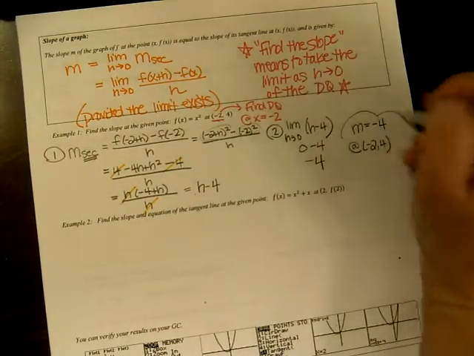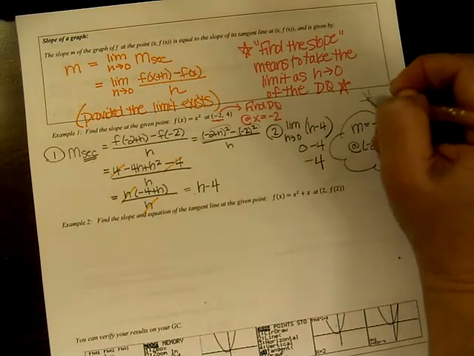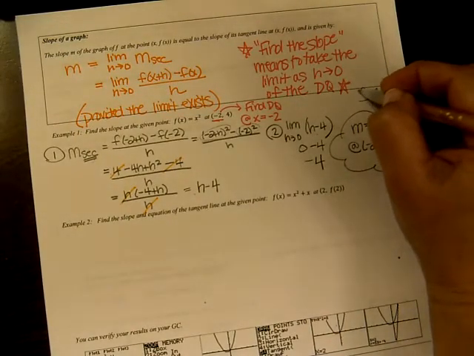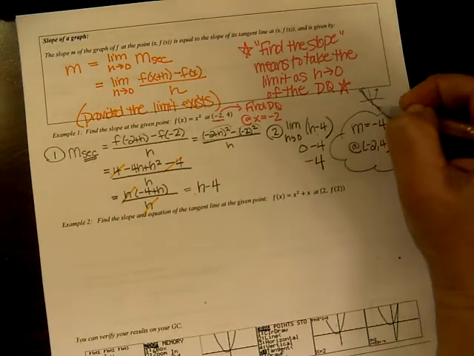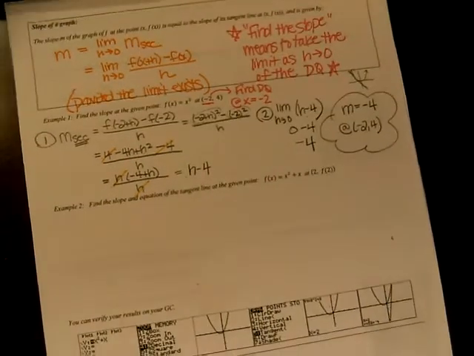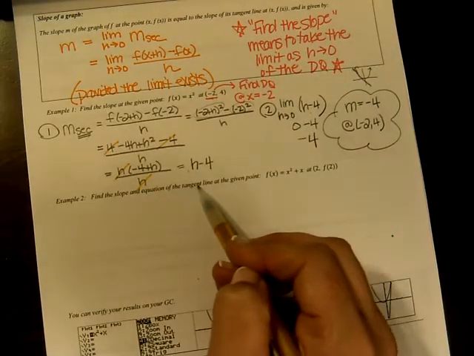So if we were to graph that equation, and then we were to find the slope at -2, 4, that slope would be pretty much equal to -4. Okay? Okay, let's do another. Find the slope and the equation of the tangent line at the given point.